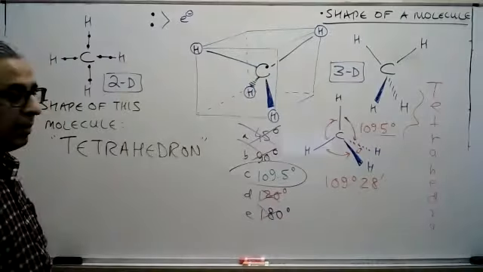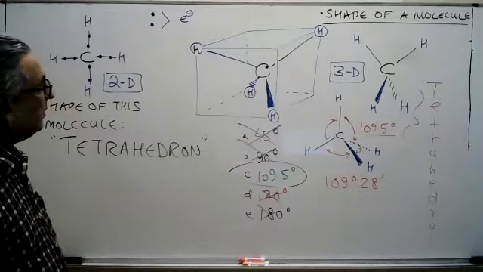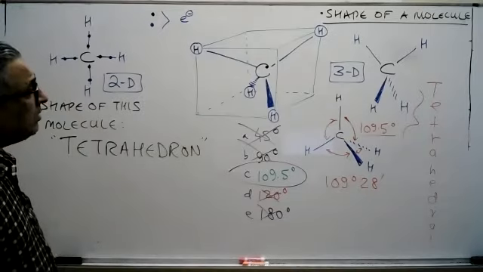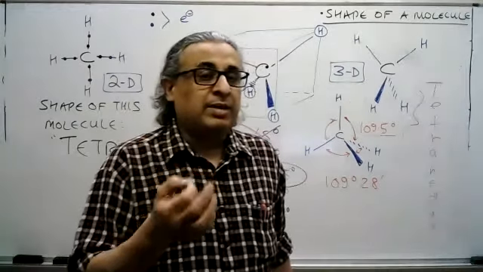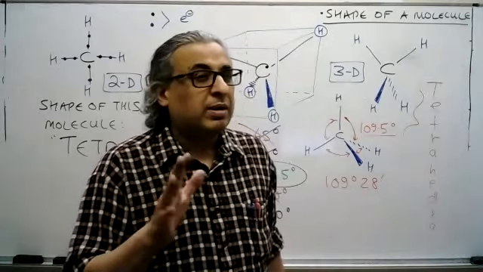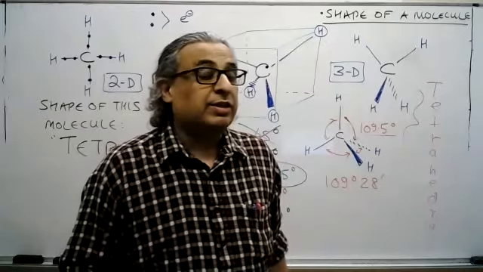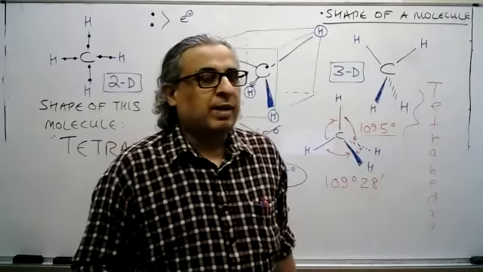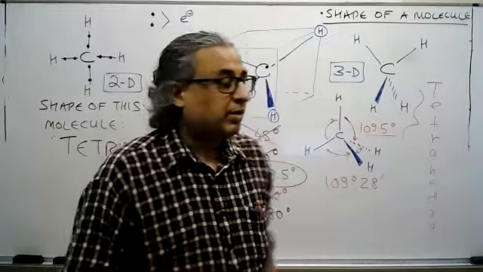You're reasonably comfortable so far? Okay. So the bottom line is, whenever you see an element in sp3 hybridization, its shape will be approximately tetrahedral, or tetrahedral-like, or sometimes we say distorted tetrahedral.